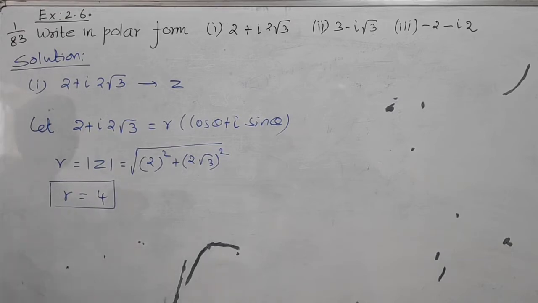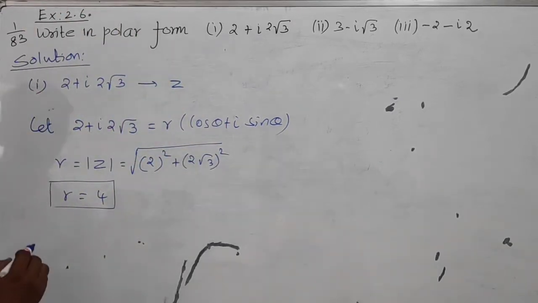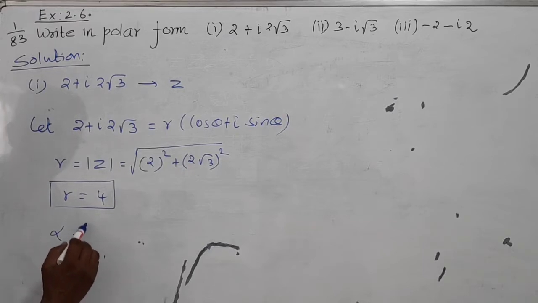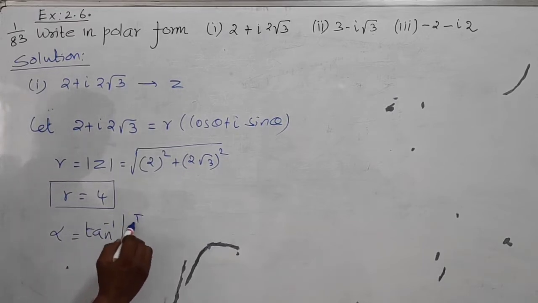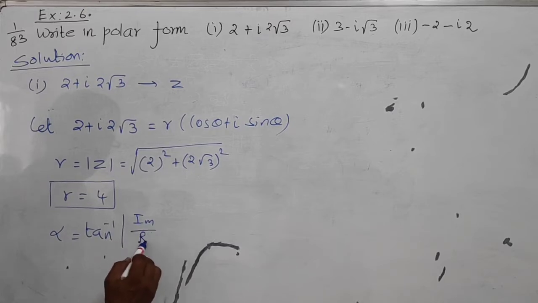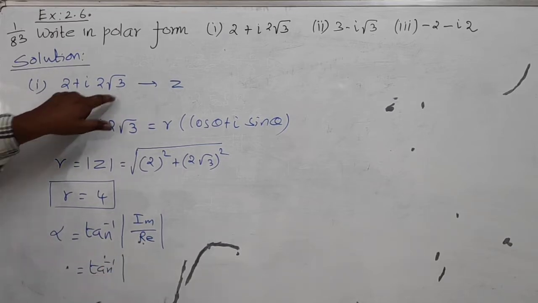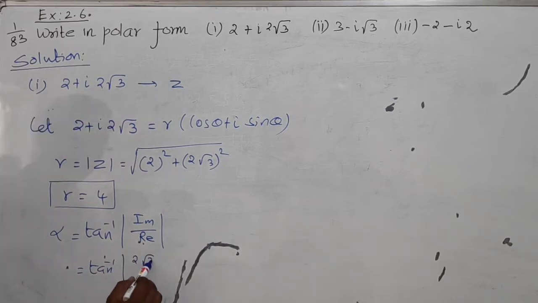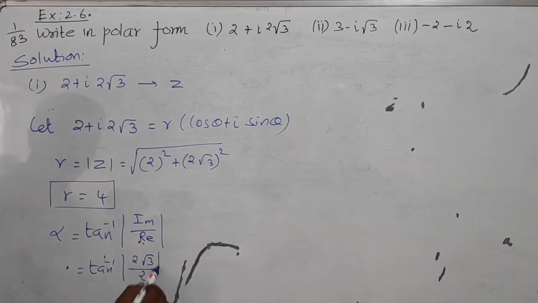Then we need to find theta. Whenever you want to find theta, first try to find alpha. The formula is alpha equal to tan inverse of modulus of imaginary part by real part, which is tan inverse of 2 root 3 by 2.